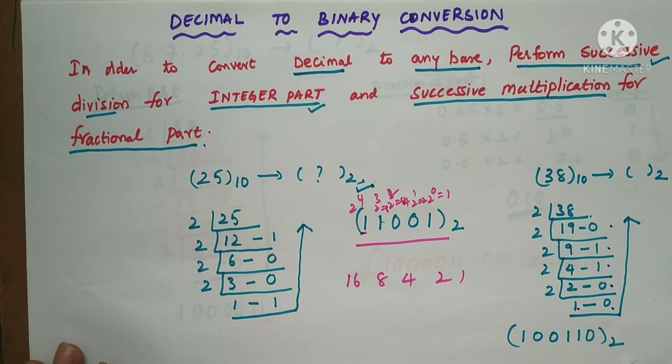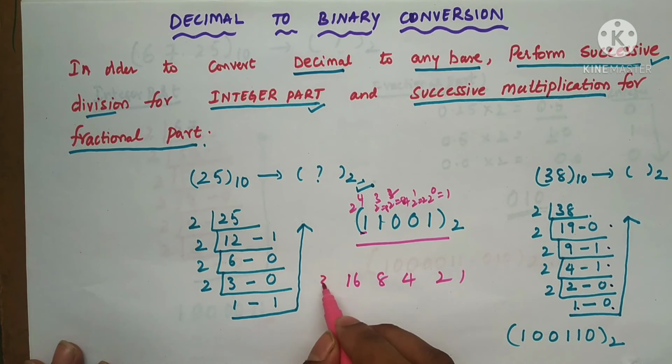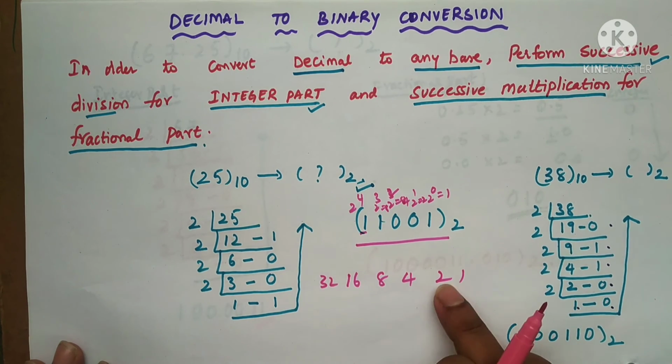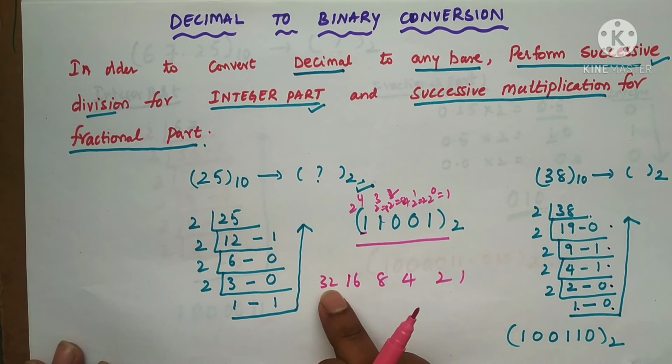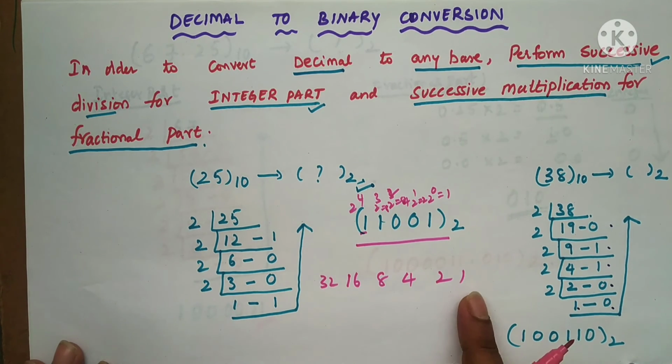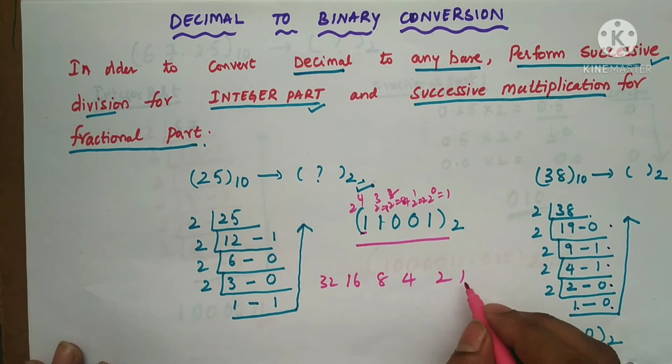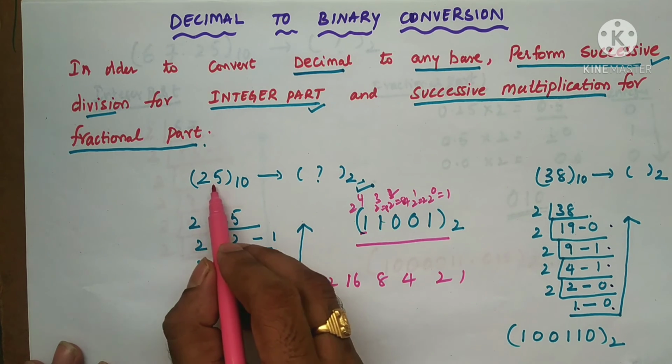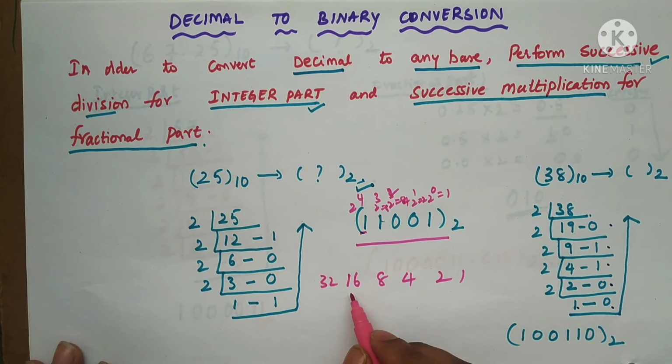Okay, so we have to get the value 25. So 16, 32, and so on. 2 power 0, 2 power 1, 2 square, 2 cube, 2 power 4, 2 power 5, likewise. Write all the powers of 2 here, right? In order to get 25, whichever number you want to consider, write down 1 there. If I write 1 for 32, it is more than 25, so I should not take this number.